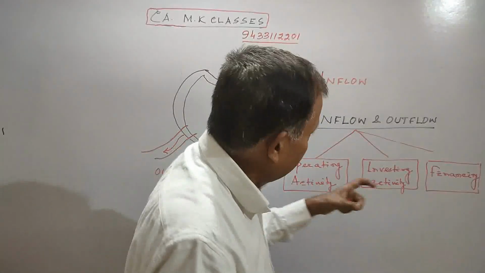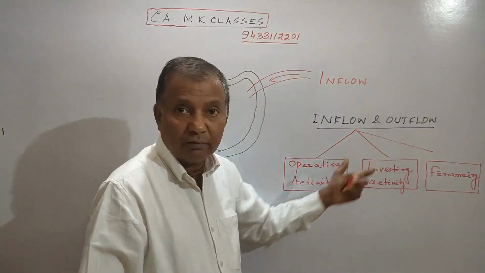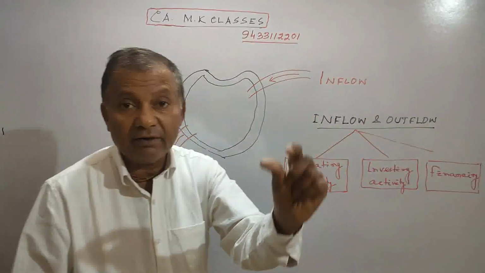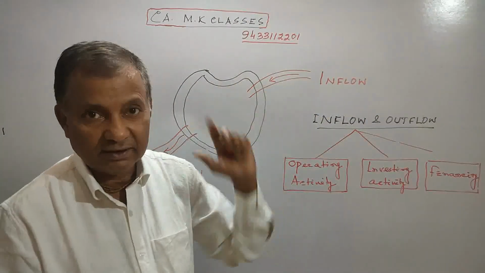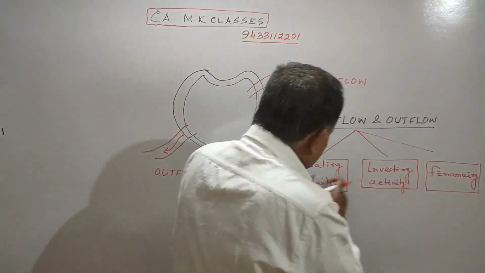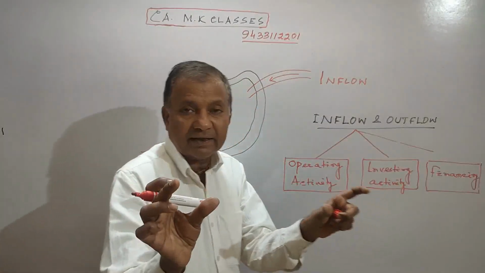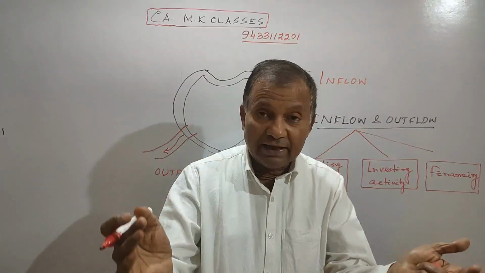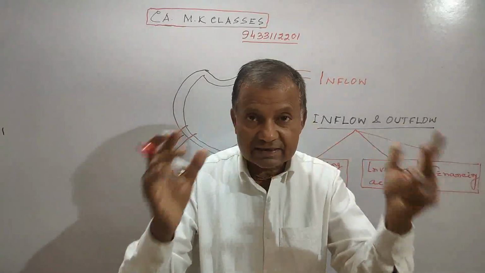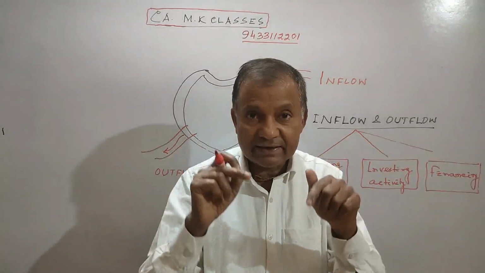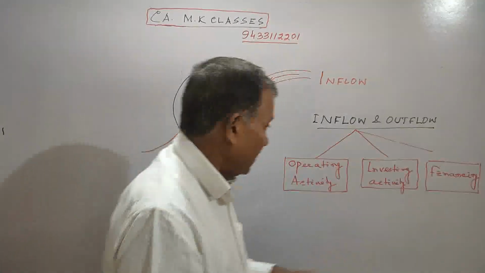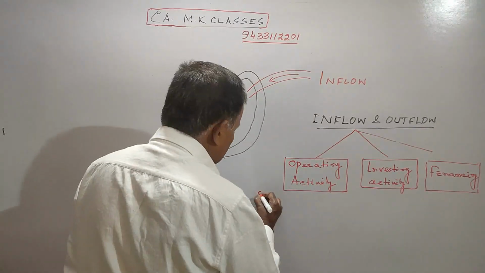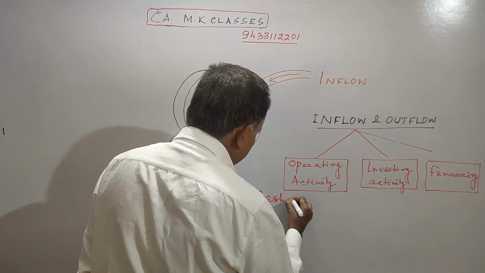Similarly, we have divided the inflow and outflow of cash into three activities as per Accounting Standard 3. In all the activities, maybe cash is surplus or cash is short. If cash is surplus, we say that is cash flow.